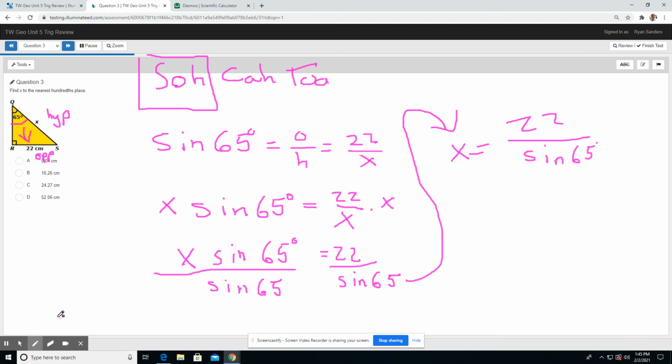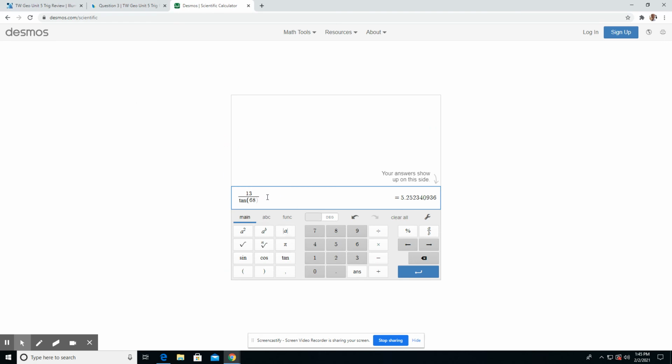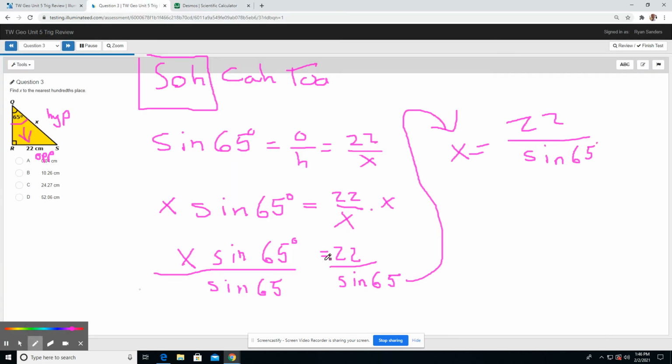All right. So now I need my Desmos calculator. 22 divided by sine of 65. 24.274.